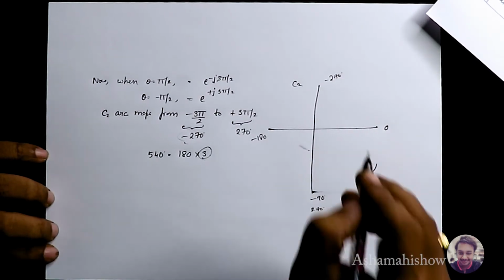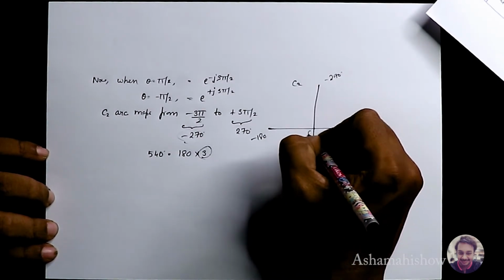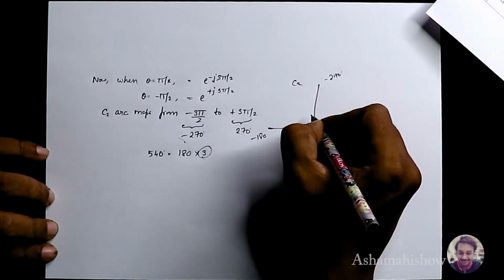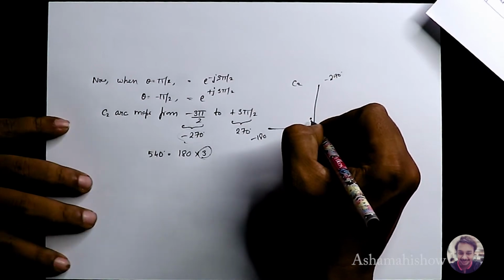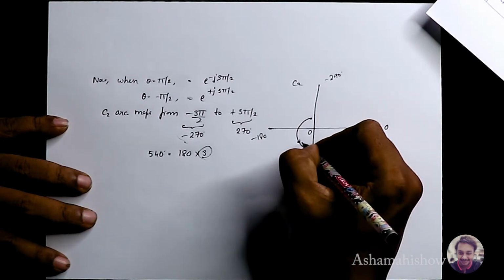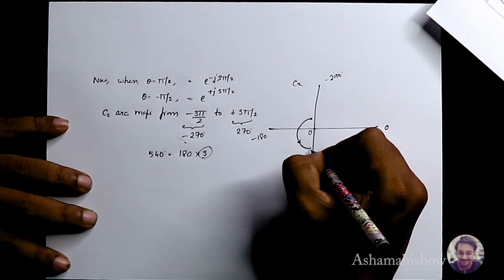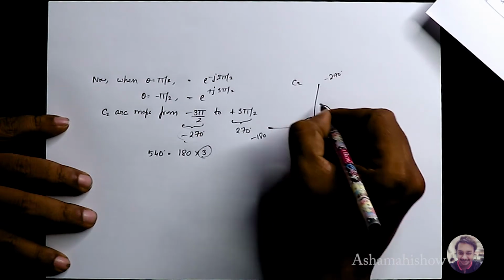So how I will be drawing is, your r tends to infinity and it should be around the origin itself. So it's starting at minus 270. I'll start at minus 270 and very near to 0. I'll make the first encirclement with 180 degrees. This is the first one. From here I'll make another encirclement. This is number 2.